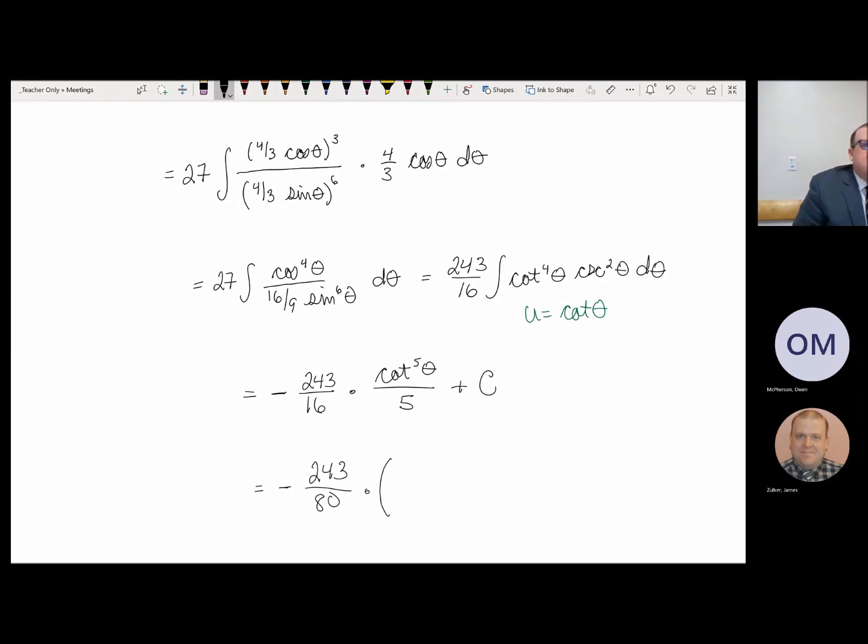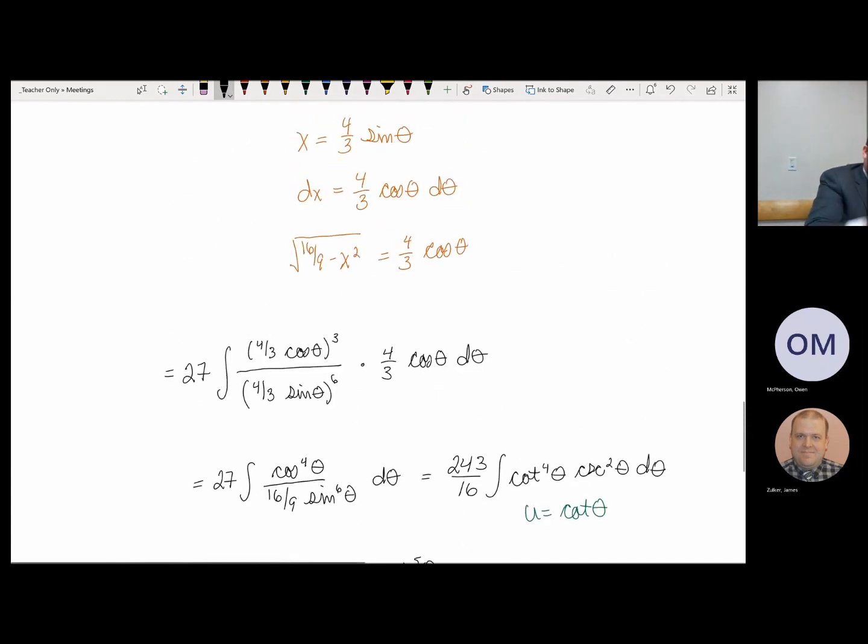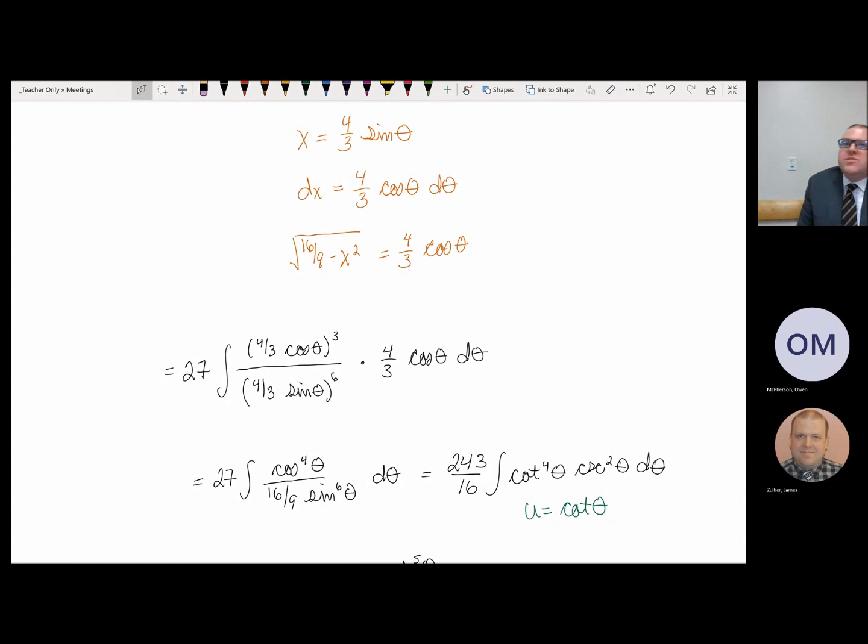Replace cotangent. Cotangent's cosine over sine, isn't it? Again, I'm going to keep the 4s.